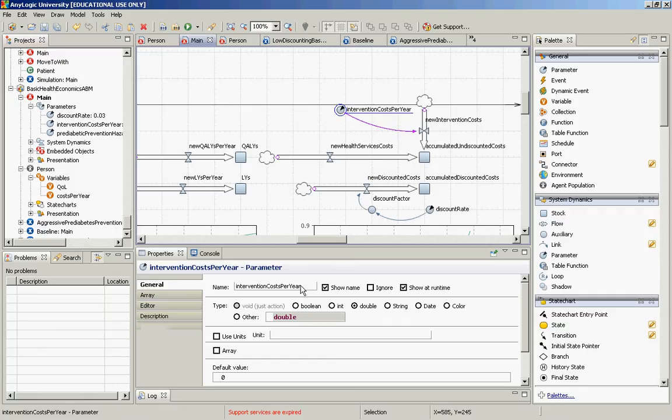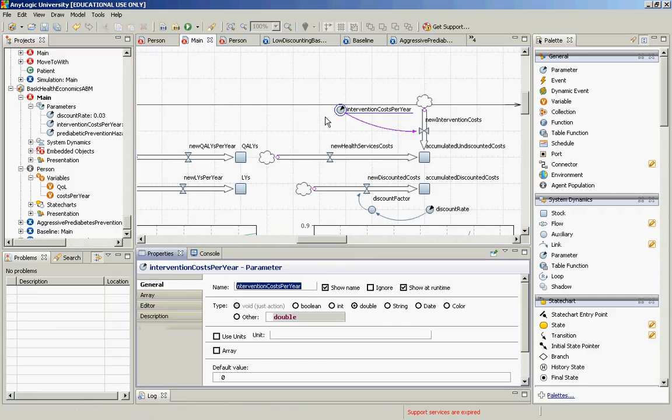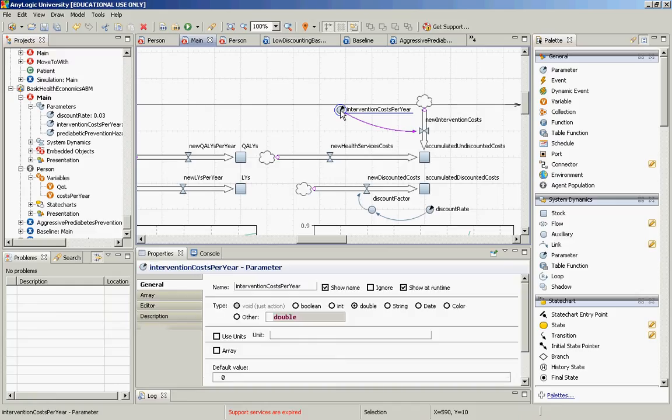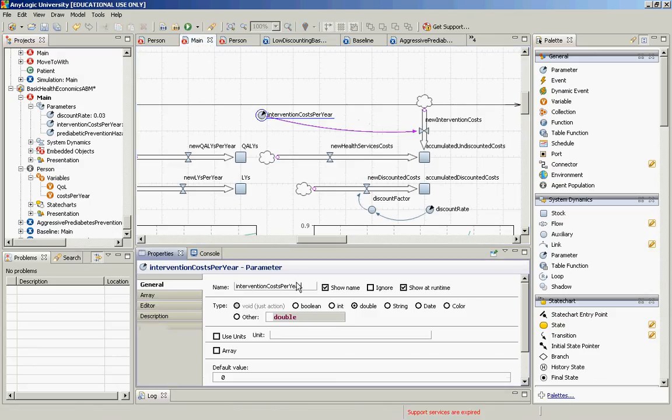First of all, this is no longer going to be simply a, so this is going to be a per non-diabetic capita intervention cost per year. That's going to be the name of this.